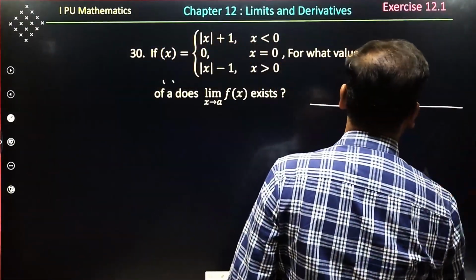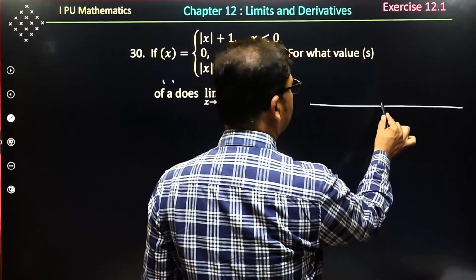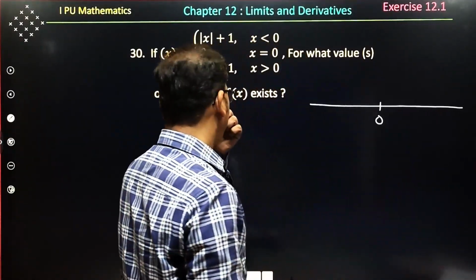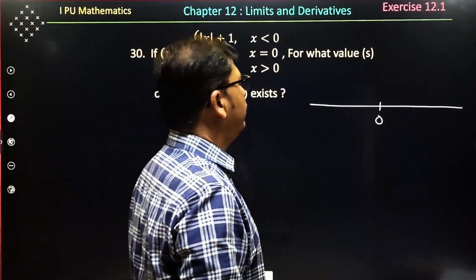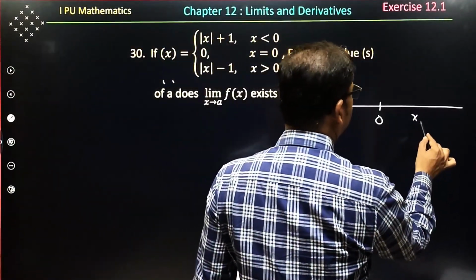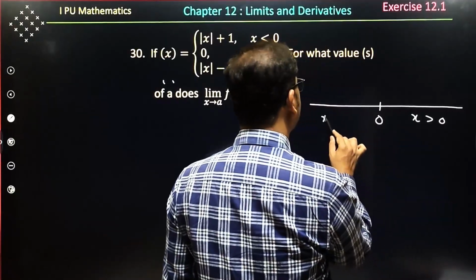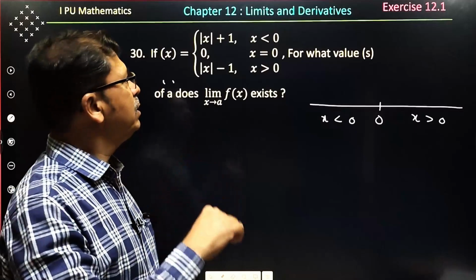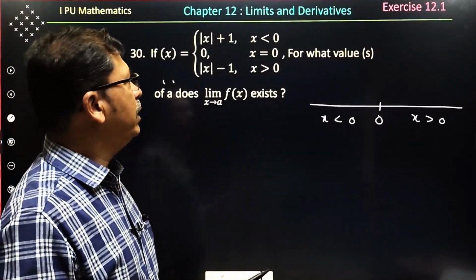If you want to understand this given function, this is x equal to 0, here x greater than 0, and this is x less than 0. When x equal to 0, the function f(x) is equal to 0.